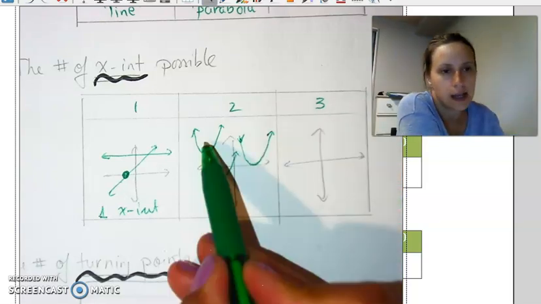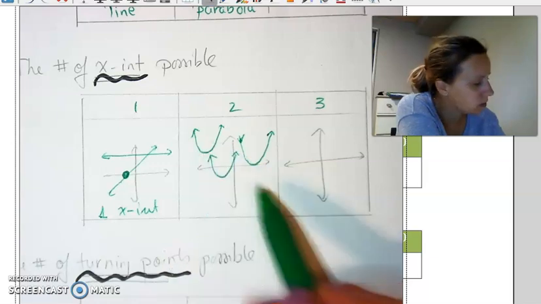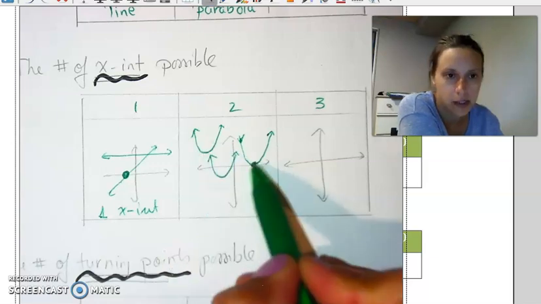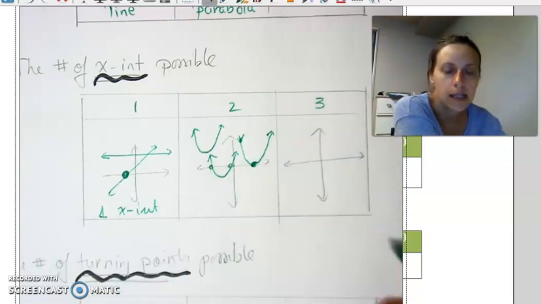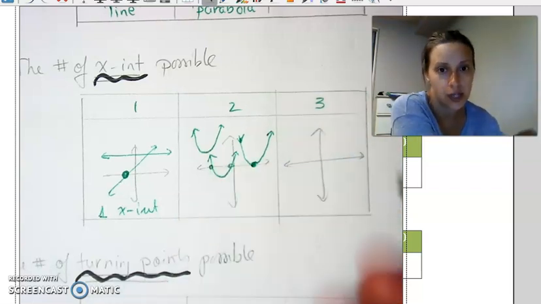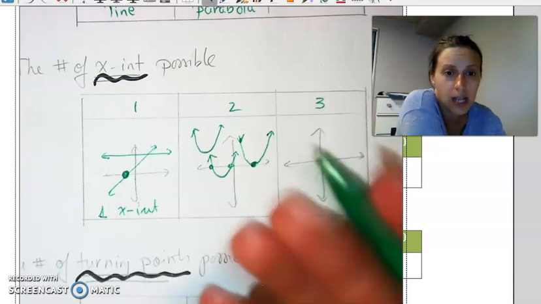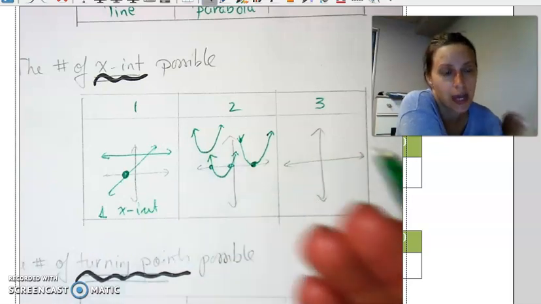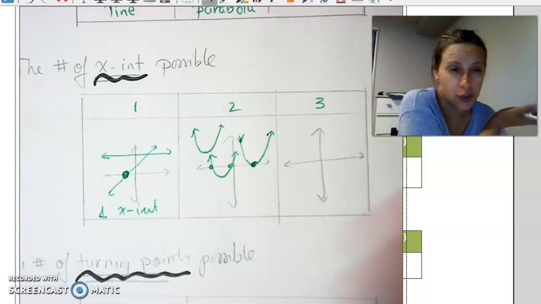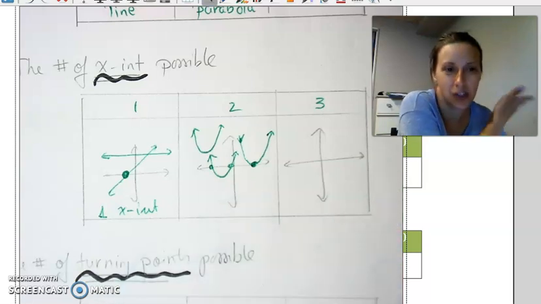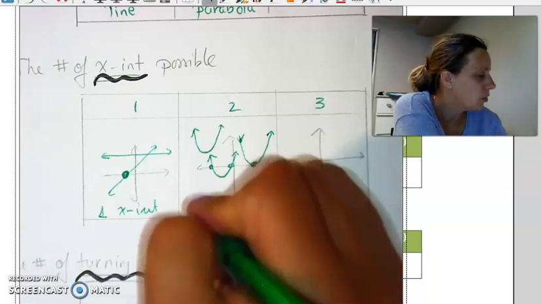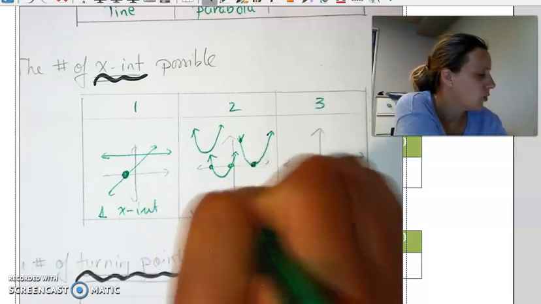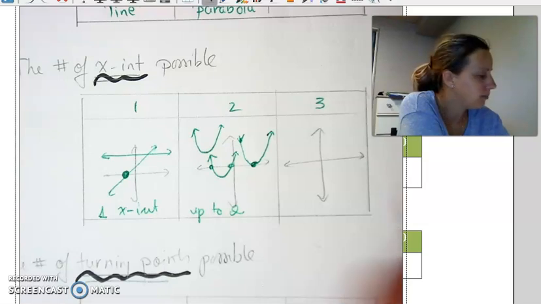This one has 0 x-intercepts. This one has 1 x-intercept. And this one has 2. So you can see that depending on the parabola that you get from that equation, you can get up to 2 x-intercepts. But you don't know exactly how many until you graph it. But you can expect this possibility. So up to 2 x-intercepts.